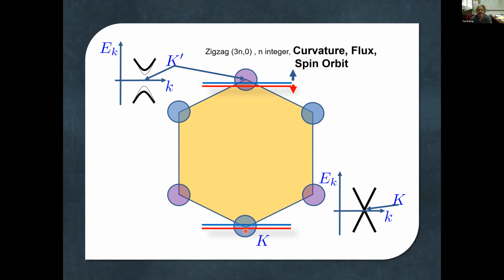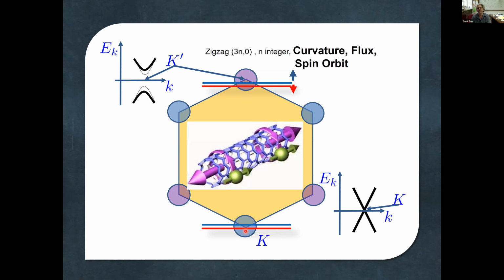Now, when we say up and down, I want to emphasize that up and down mean the spin along the carbon nanotube. Up means in the Z direction, which is along the nanotube. That depends on the coordinate, but up means one direction along the nanotube, and down means the opposite direction.